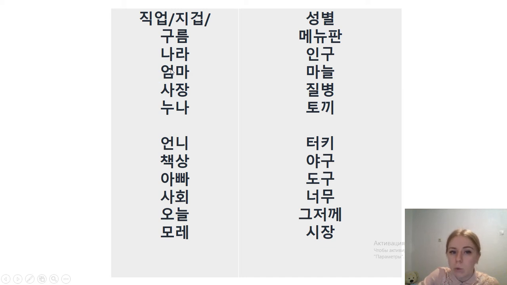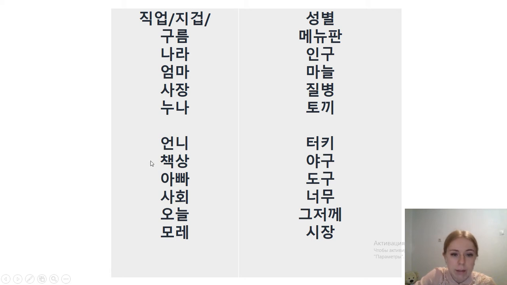But here it's 엄마. We read only the vowel, not the circle. But we have to write it because we begin our syllable, and we have to show that the first letter is a vowel. So 엄마, but 사장, with ng sound. The next one is 누나. Here it's 언니.